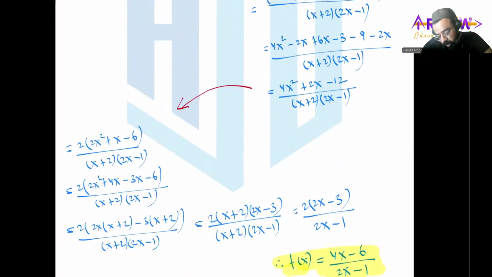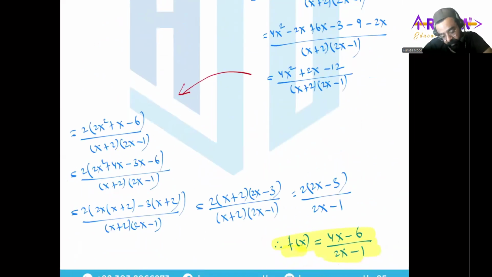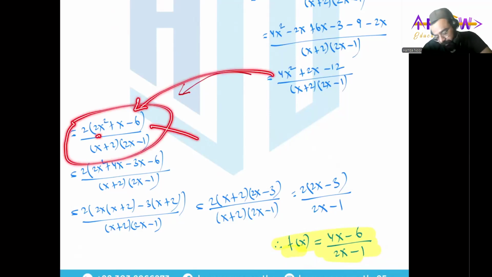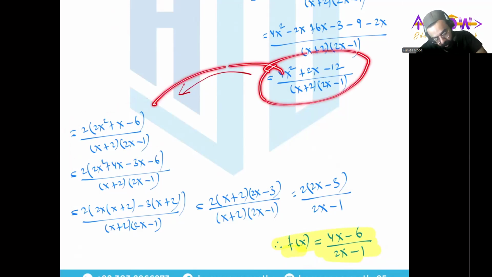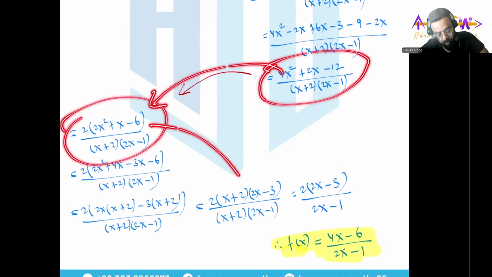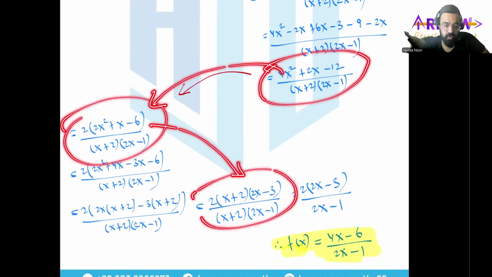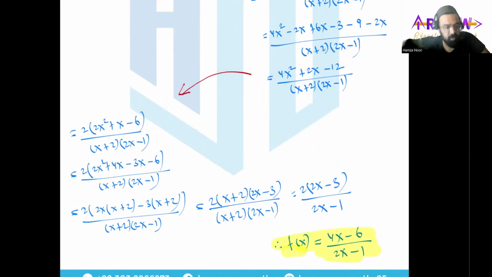After this step, you can do this step, and immediately after this one you can do this step. But my usual practice is to do factorization always wherever I feel it's quick and effective for me, so I just do it.